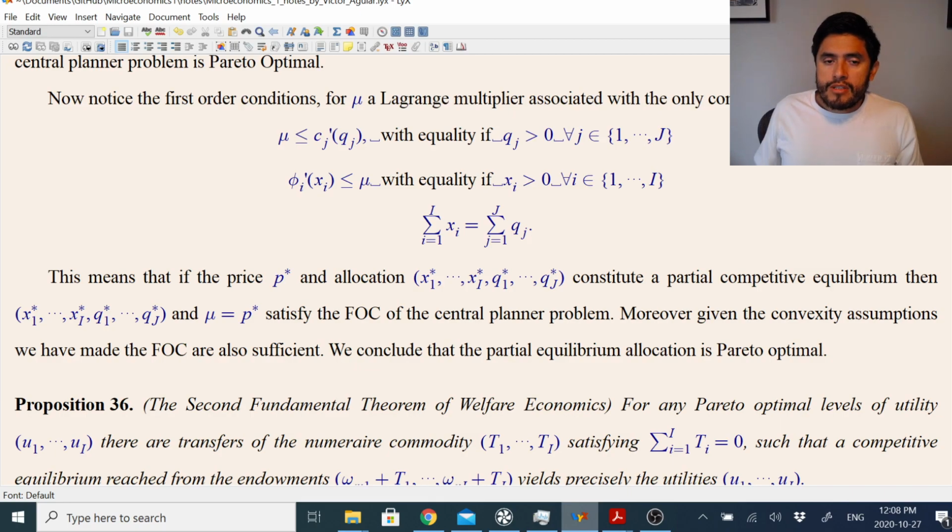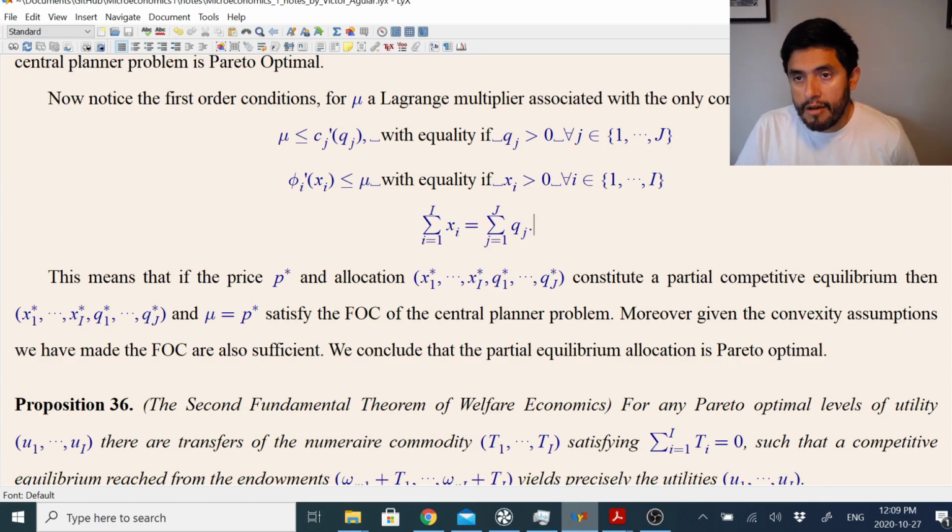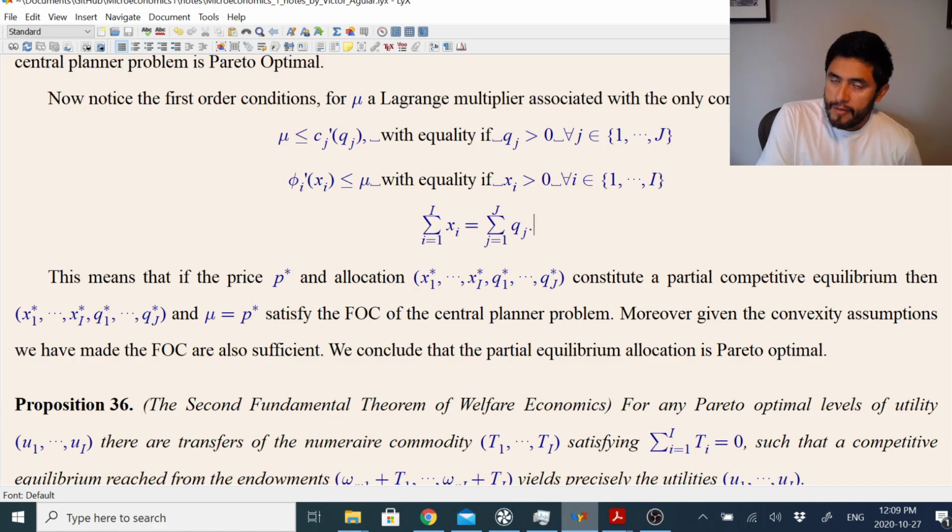Now, think about this conclusion for a second, which is very important: we basically decentralize a very hard problem that requires a lot of knowledge. This fictional planner had access to knowledge about preferences and technologies in a very detailed way. It also had access to all information about omega, which is the physical amount of goods. So this is a huge amount of information, right?